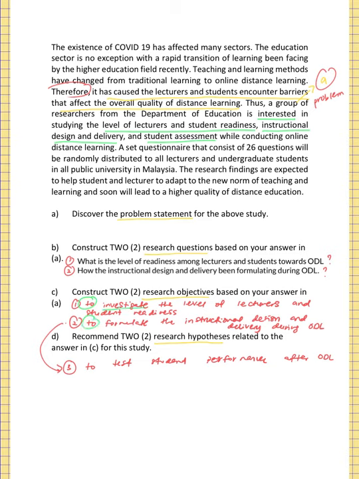To investigate, to formulate, to test, ataupun to develop or to ensure, yang menunjukkan kita referring to our objective lah. Mesti bermula dengan to. So how to develop the research hypothesis based on your research objective.